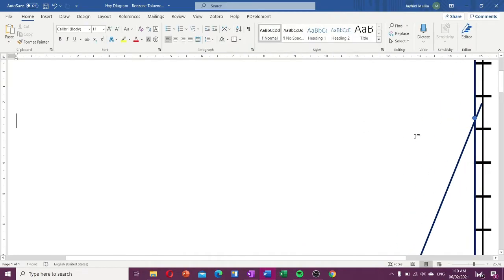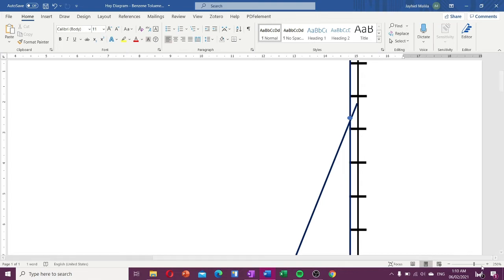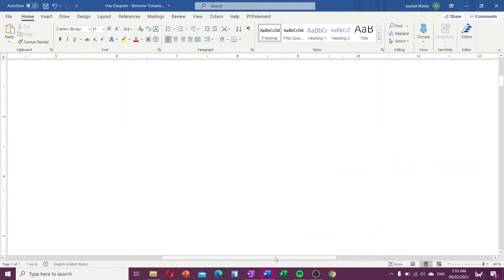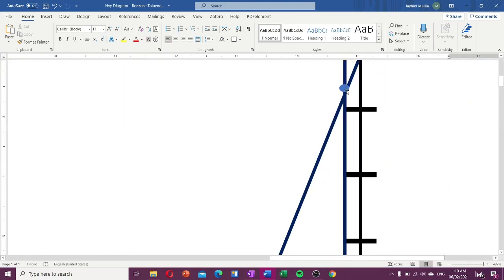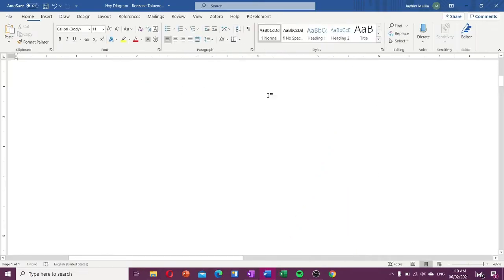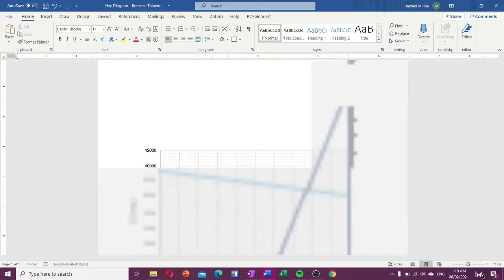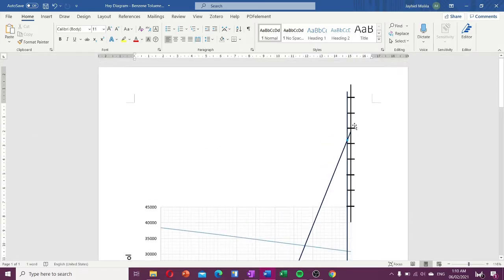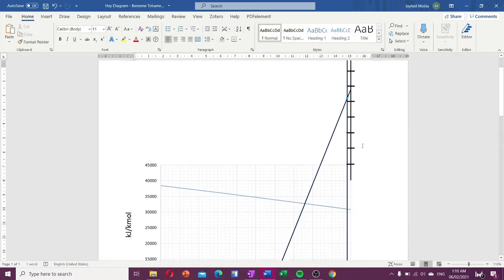I hope I'm doing it correctly. It's somehow challenging to use Microsoft Word to plot, but yeah, we can do this. Let's color this one. And then we have already found the delta E min.